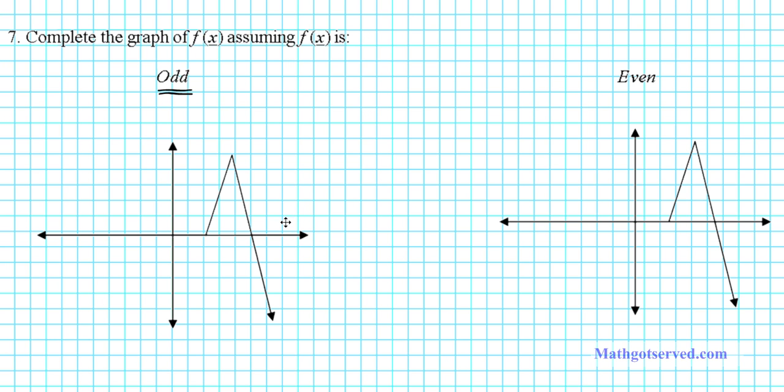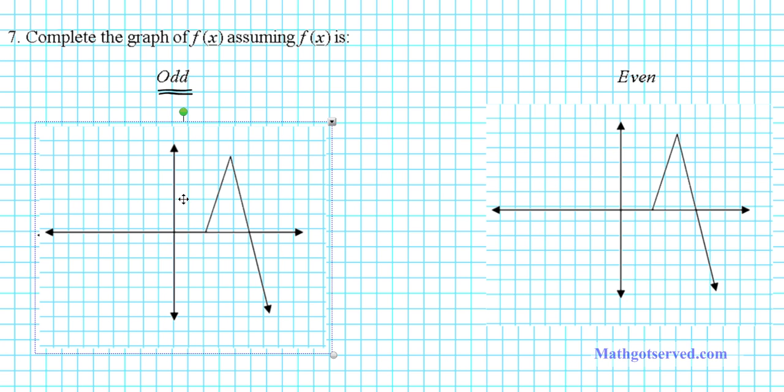Okay, so all you simply do there is you rotate the graph 180 degrees. Since this graph is symmetric about the origin, all I have to do is rotate this graph 180 degrees, and that will give me my desired result.